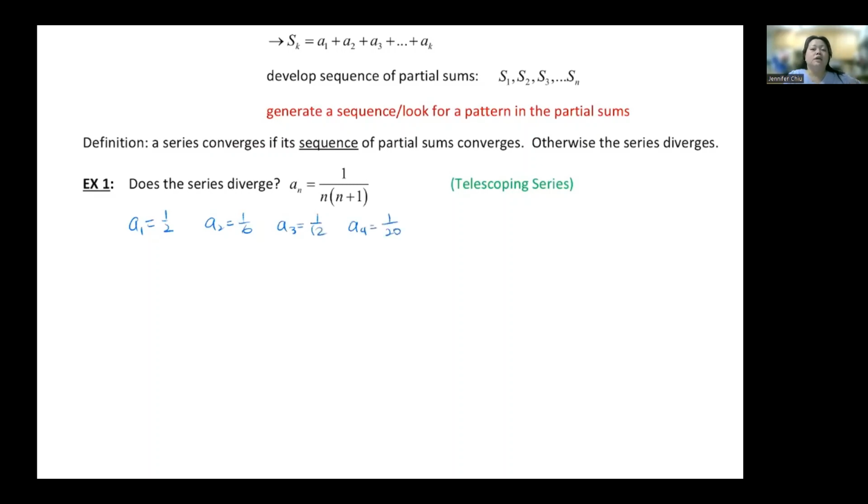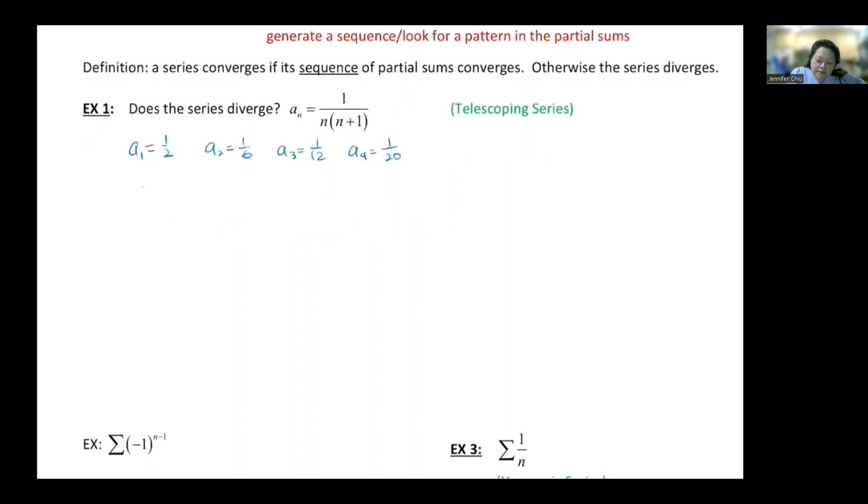As you can see, this fraction is getting smaller and smaller. Is it fast enough? We don't know. The pattern is hard for us to figure out whether it diverges or converges. So what is a little bit easier to do is to take the partial sum, right? We'll take one number, then add them up. From this sequence, if I take the first number, it's going to be 1/2.